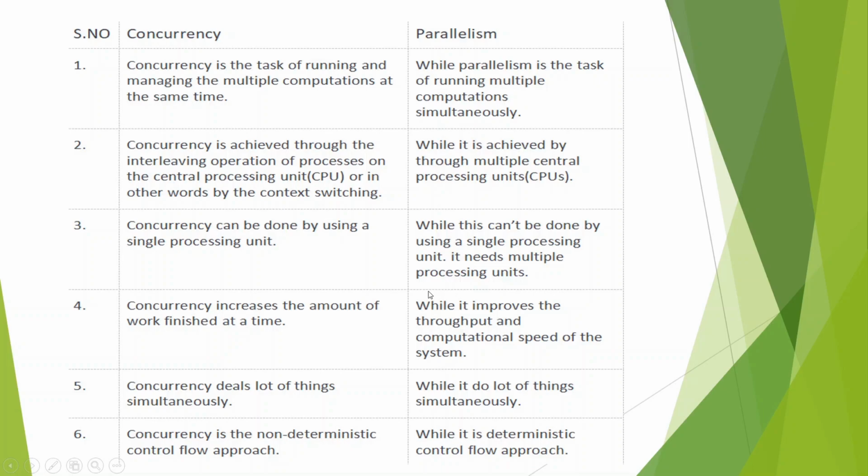Of course, the execution will be much faster because all the processes are running at the same time. So concurrency deals with a lot of things at once, but one will stop, other will start in this way. But in parallelism, we will do all the processes simultaneously. Concurrency is the non-deterministic control flow graph, while parallelism is the deterministic control flow graph.